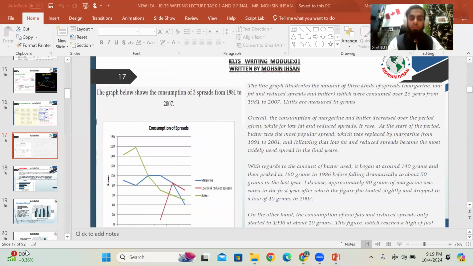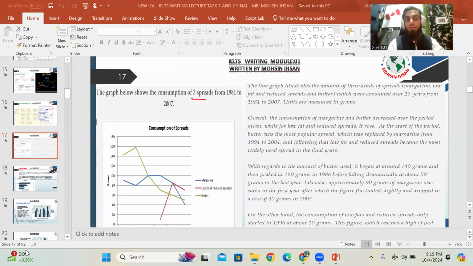Now we make it very easy. The graph below shows the consumption of 3 spreads from 1981 to 2007. First, you have to understand what it means. This diagram, this is a question, right? What does it show? It shows the consumption. Consumption, you know the meaning: usage, right?